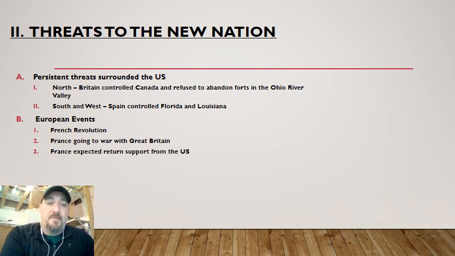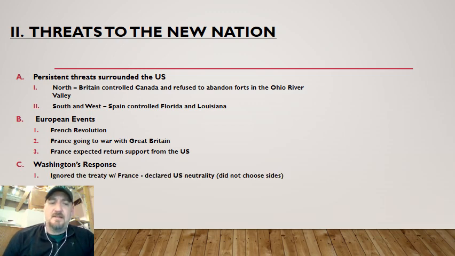They're going to go to war with Great Britain. And at the time of the American Revolution, America and France had signed an alliance that brought France into the American Revolution to give support to the United States because France has had this long-held hatred for Great Britain. And at this time then, France expected return support from the United States.